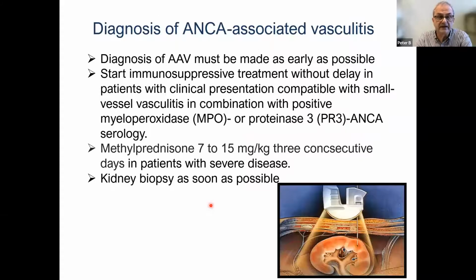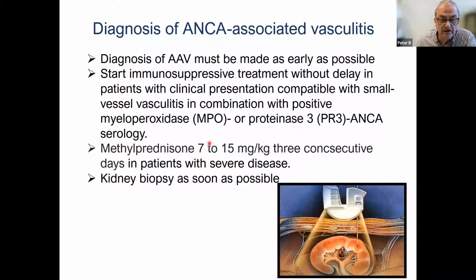So when you have a diagnosis, you should not wait for renal biopsy. You should start immunosuppressive treatment without delay. And when you have a positive ANCA test, I think most clinicians start with methylprednisolone, 7 to 50 milligram per kilo on 3 consecutive days, when you have rapidly progressive glomerulonephritis.